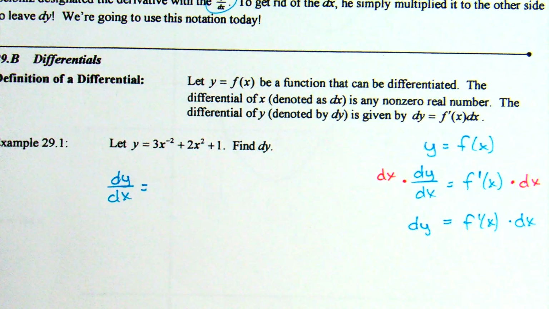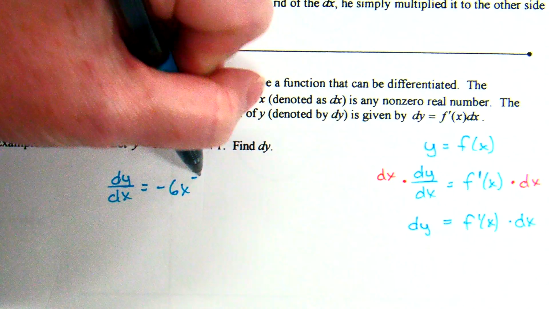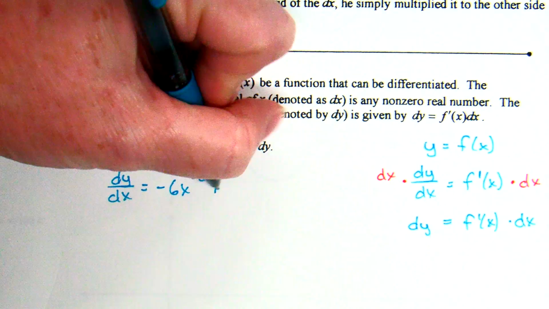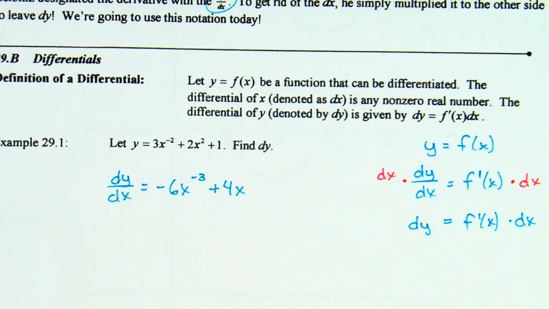Derivative of 3x to the negative 2: negative 6x to the negative 3. Derivative of 2x squared? 4x. Derivative of 1? Nothing.